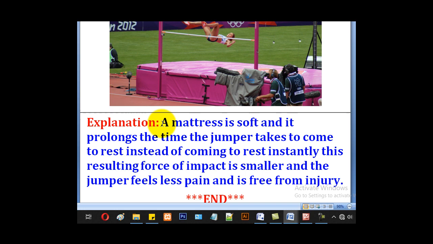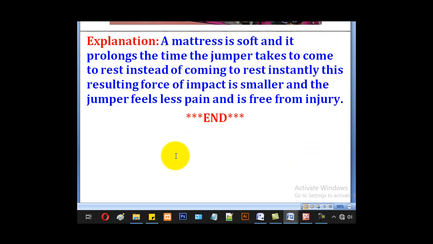A mattress is soft, and it prolongs the time the jumper needs to come to rest, instead of coming to rest instantly. So the resulting force of impact becomes smaller and the jumper feels less pain and is free from injury. So that has been the end of our lesson.